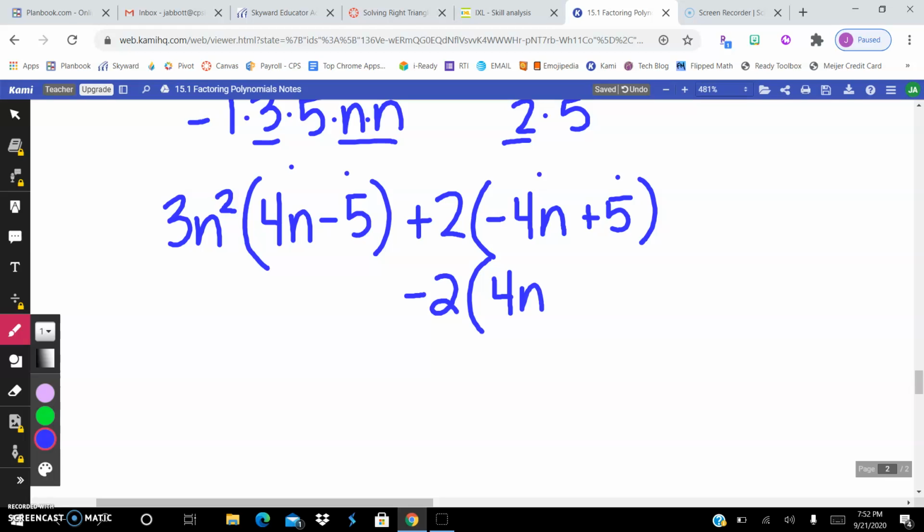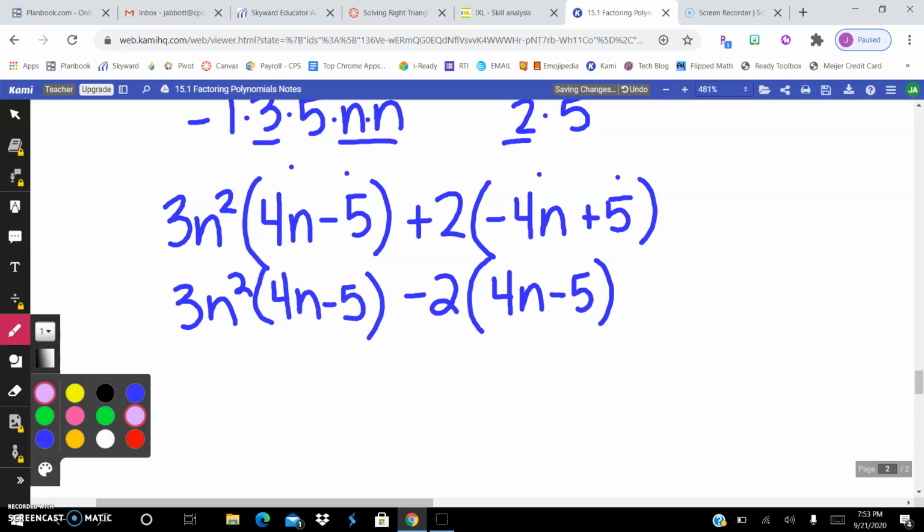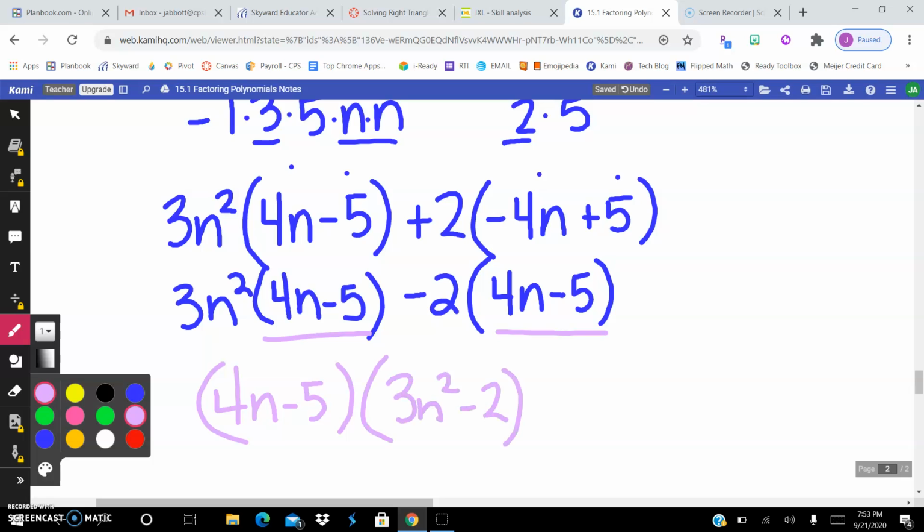And a positive 5 divided by a negative 1 would leave me with a negative 5. Now, they're all the same in the parentheses. So now that is in common: 4n minus 5, and what is left over? 3n squared minus 2.